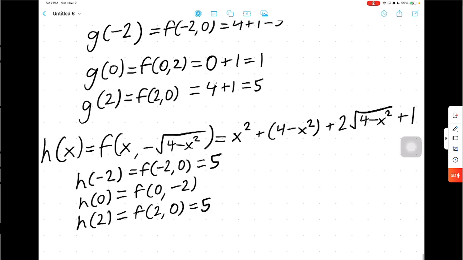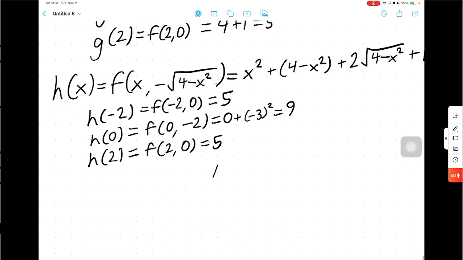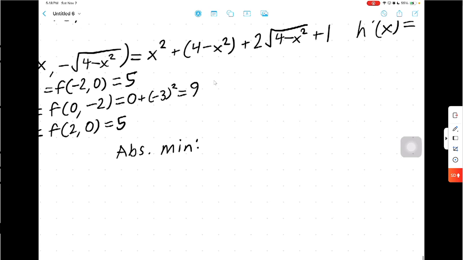These two are repeated, so it's both 5. 0 plus negative 3 squared is equal to 9. So to recap, the absolute minimum is going to be 0, and the absolute maximum is going to be 9.